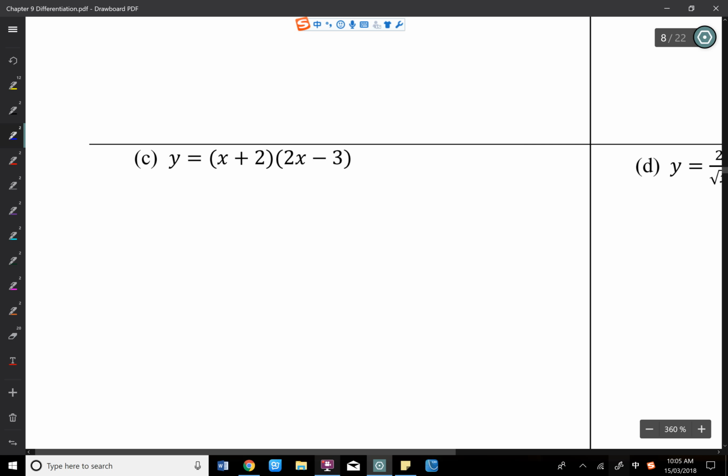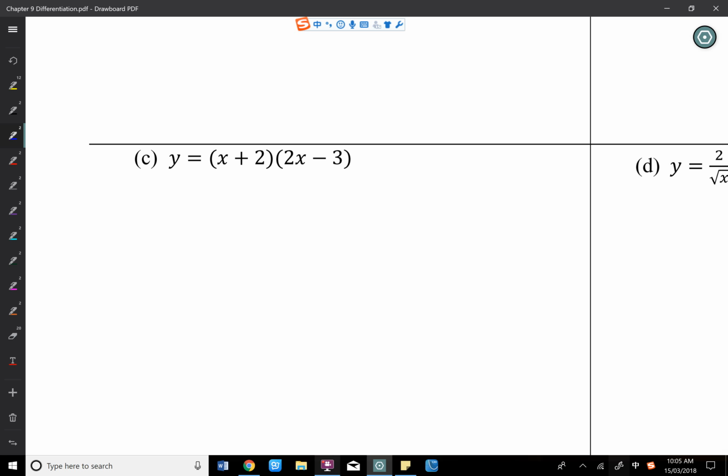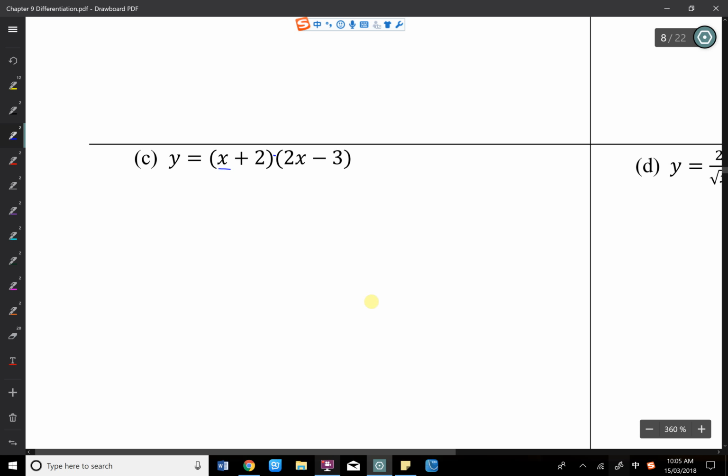For part C, it's not a plus. We have multiplication, one function times another function, which is not good. You can use the product rule, but I don't think it's quicker here, and we haven't officially learned the product rule this year. So what we can do is expand this and then differentiate it.